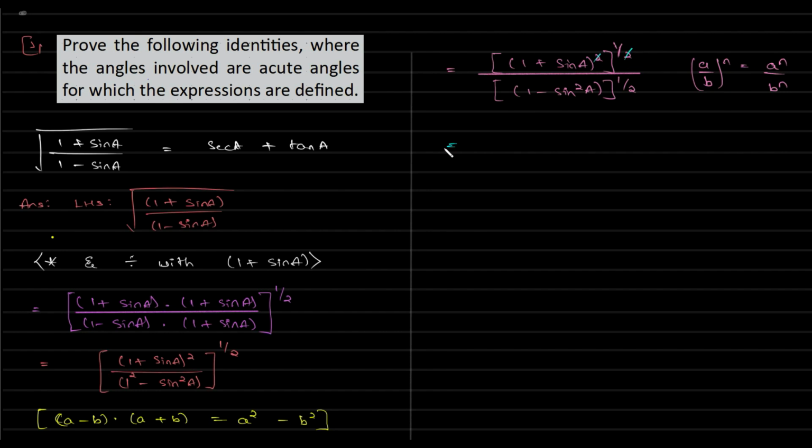So the square and square root get cancelled. So we have 1 plus sine A. Okay, we got rid of the square root in the numerator, but in the denominator we still have it.